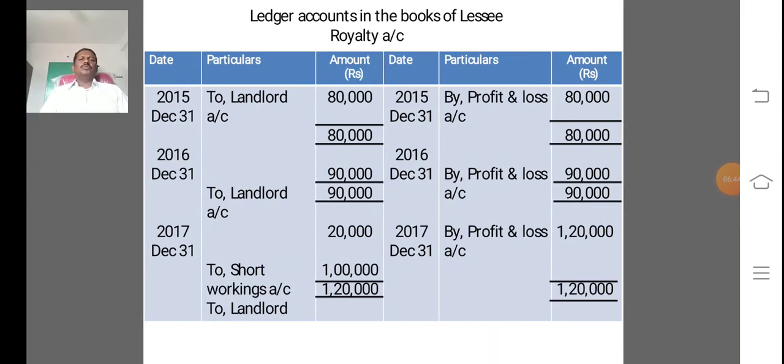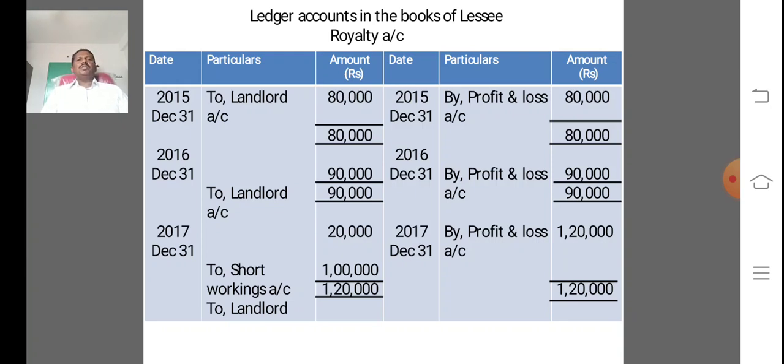Next, we prepare ledger accounts in the books of lessee. What is the first account? Royalty account. So royalty account has 6 columns.